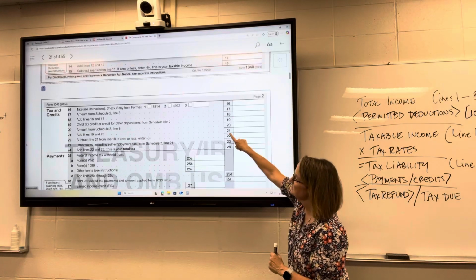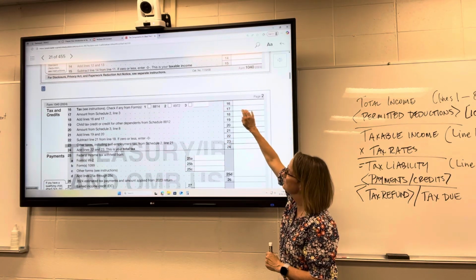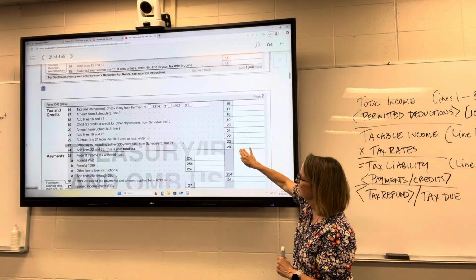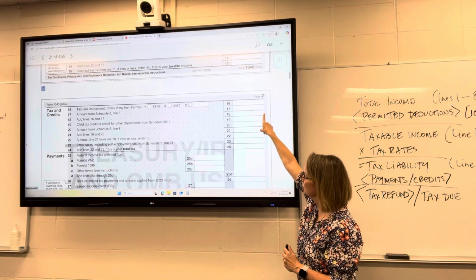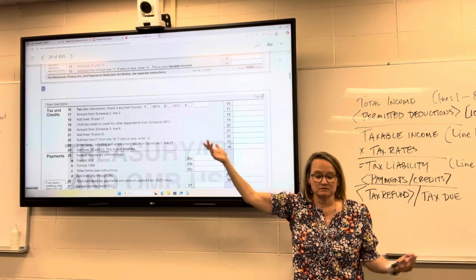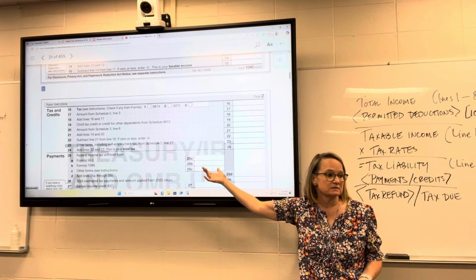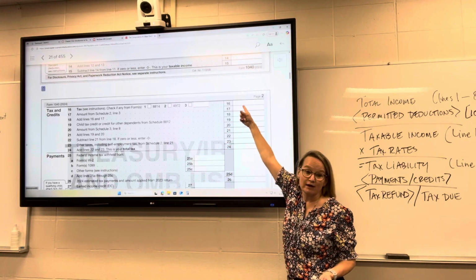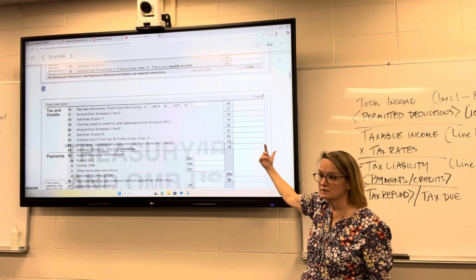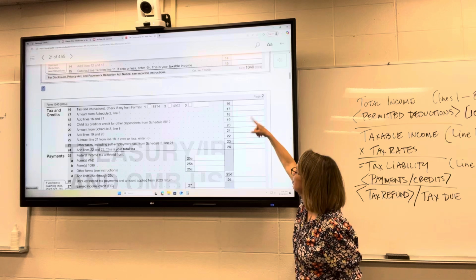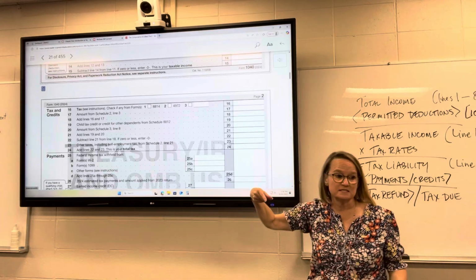So we've got tax calculated here, and then certain credits are subtracted from our tax that's owed. So let's say we had $20,000 of tax that's listed up here that we calculated, but we are entitled to $2,000 of credits. We get to subtract that $2,000 from our tax to get our total tax of $18,000.